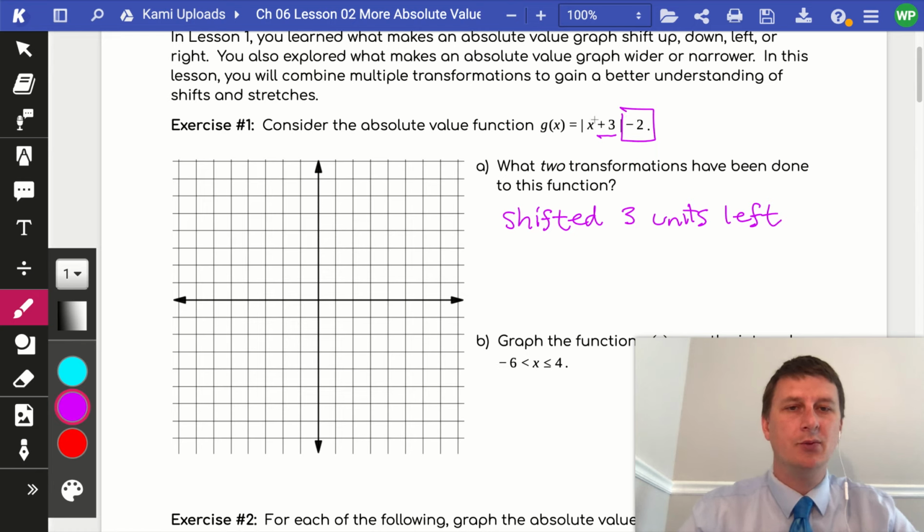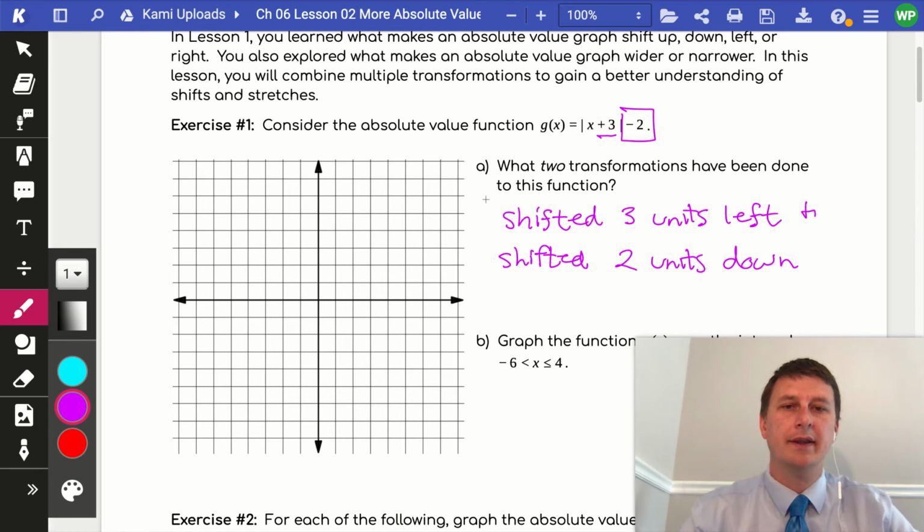And we learned in lesson 1 that when you subtract on the outside of an absolute value, it's shifted 2 units down. So this function has been shifted 3 units left and shifted 2 units down.